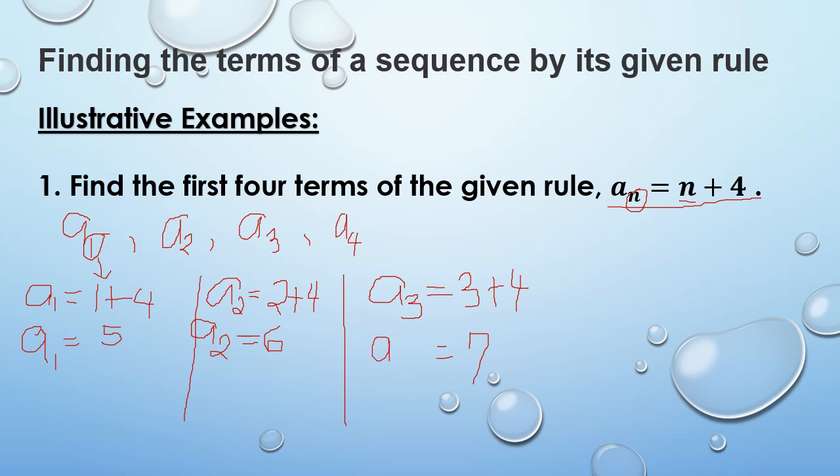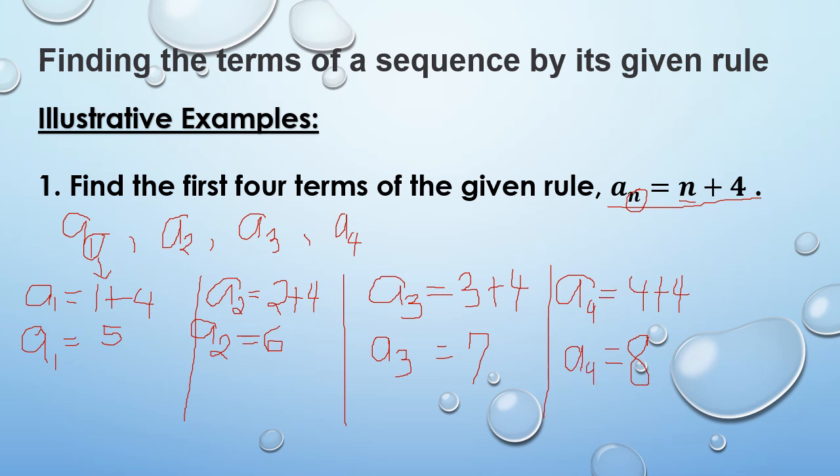So a sub 3 is 7. And last, we have a sub 4. Again, just replace n with 4. That's 4 plus 4. So what is 4 plus 4? That's 8. So our a sub 4 is equal to 8.